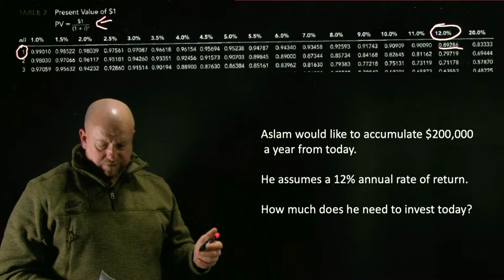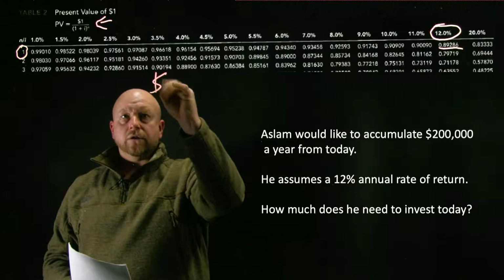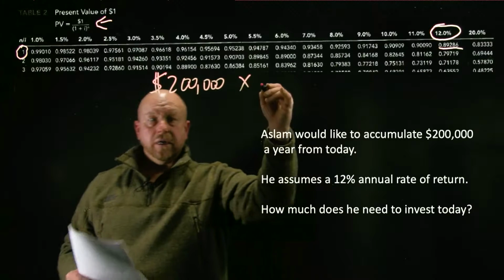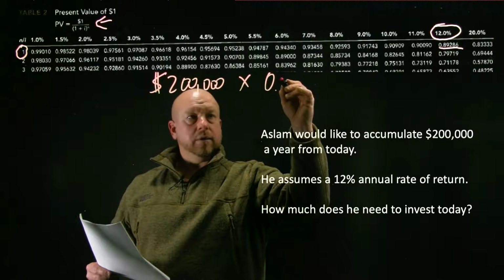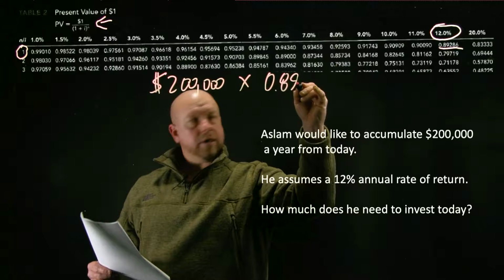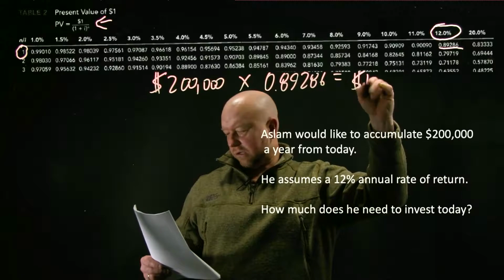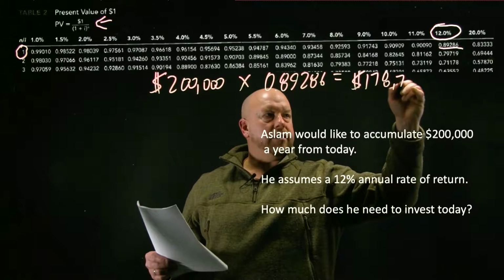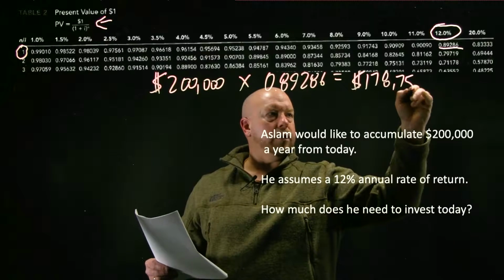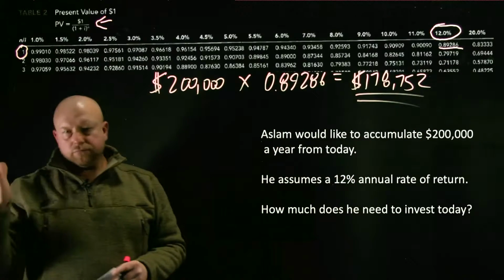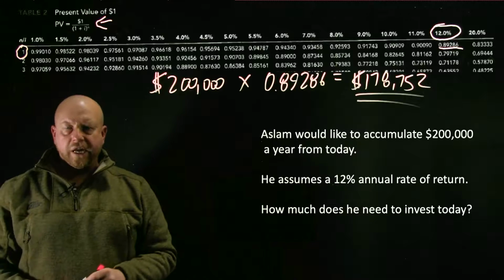We can use this to figure out that $200,000 1 year from now is the equivalent, and let me just write this down here, and I'm going to round this number to the nearest whole dollar because that's close enough for what we're doing, of $178,000 and some change, almost $179,000 today.